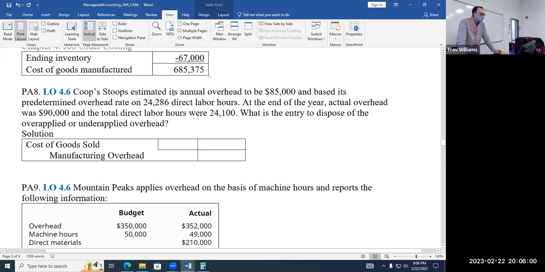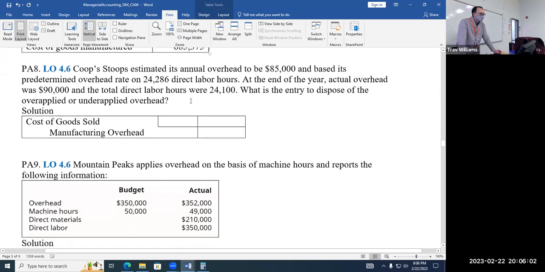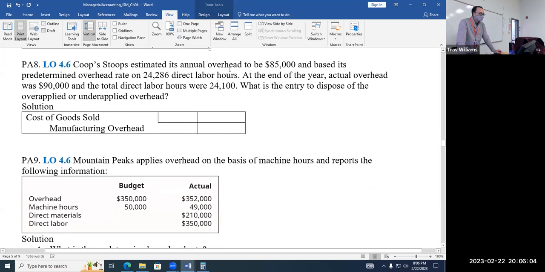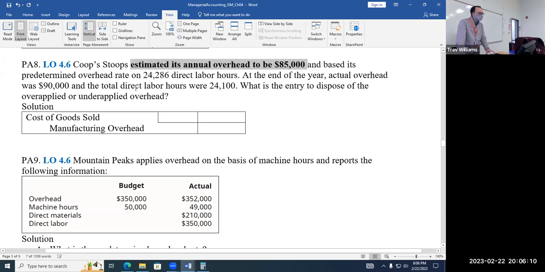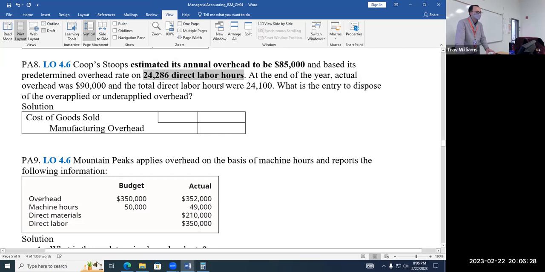So let's see what's going on here. This company estimated annual overhead to be $85,000. It based its predetermined overhead rate on 24,286 direct labor hours.